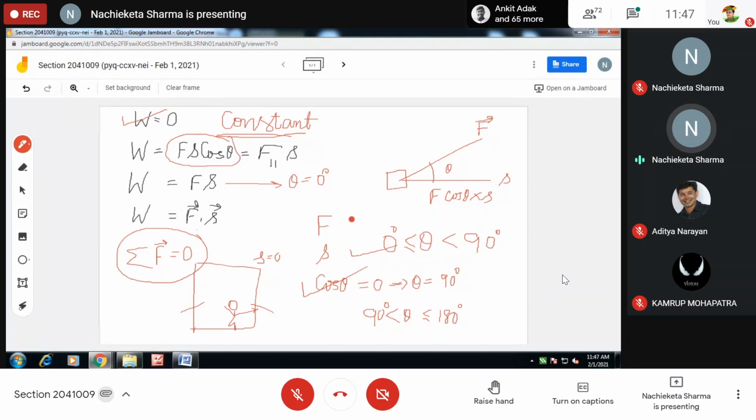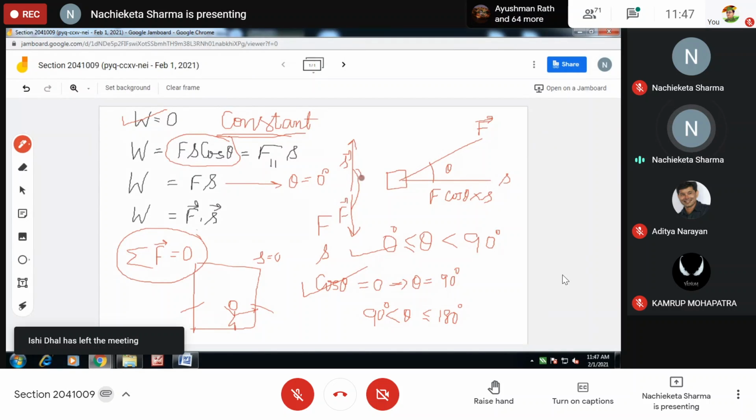What is the example of negative work? If you are lifting a weight from the ground, then the gravitational force, or the weight, is doing a negative amount of work, because W is vertically downwards. You are lifting the weight vertically upward, so the displacement is upward and the force is downward. So the angle between force and displacement is 180 degrees.